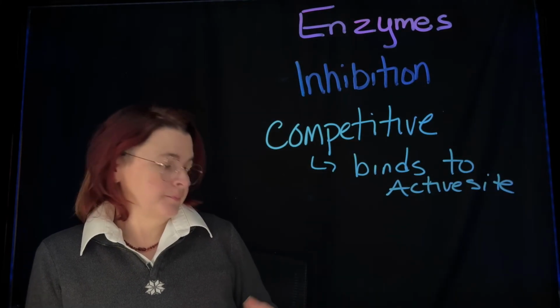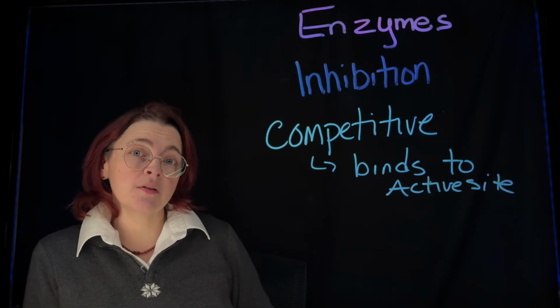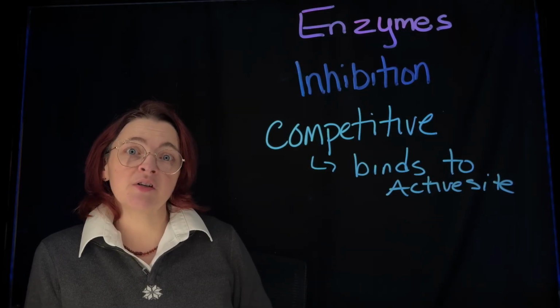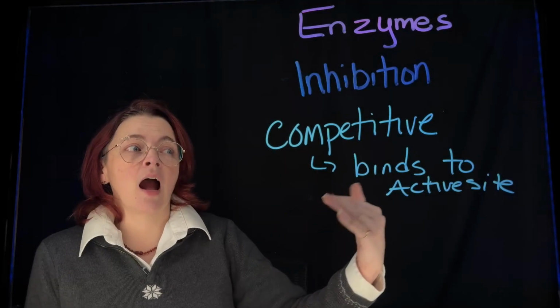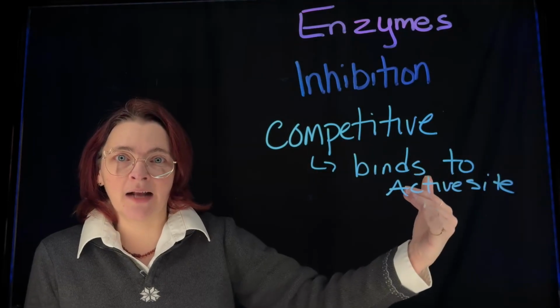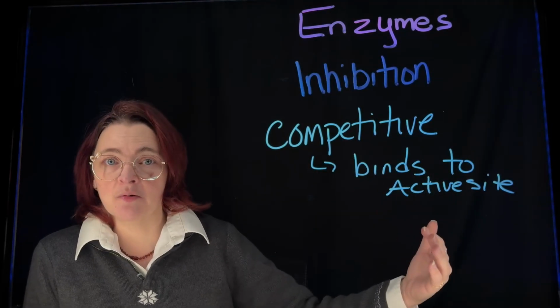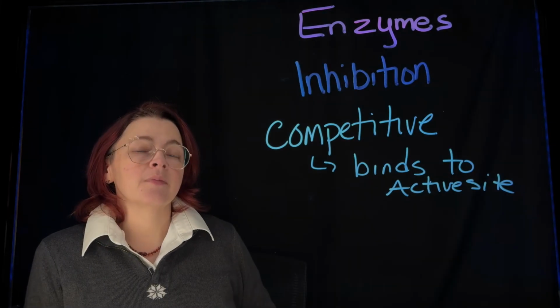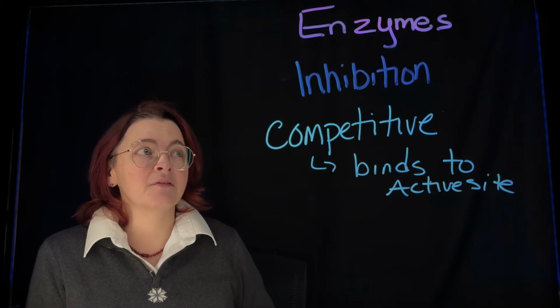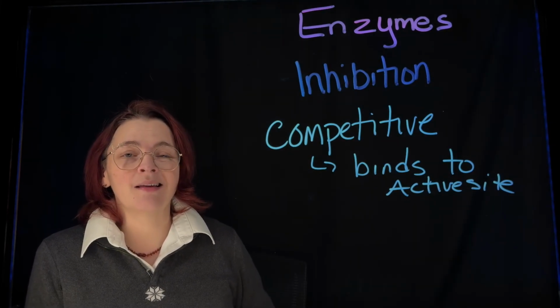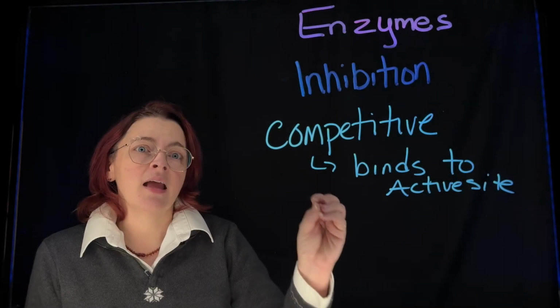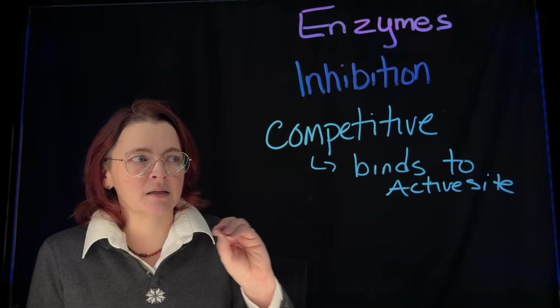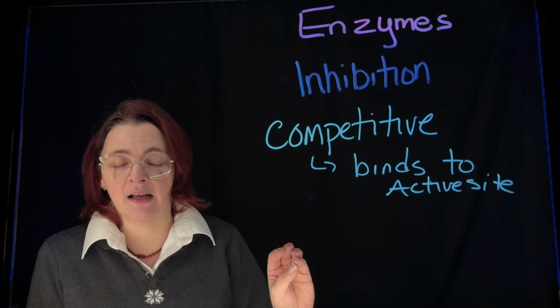There is reversible competitive inhibition, where that competitor can unbind from the active site and the enzyme can then be reused. Then there's irreversible competitive inhibition, where when the competitor binds to the enzyme, it can't unbind and has completely blocked that enzyme from ever working again.